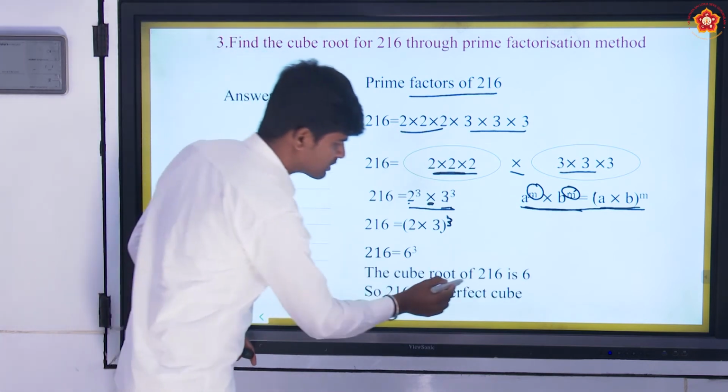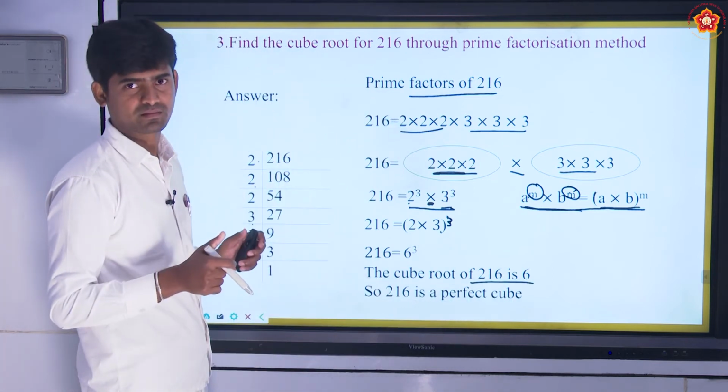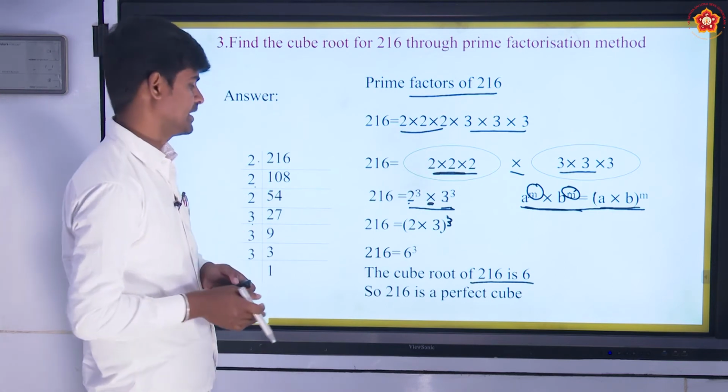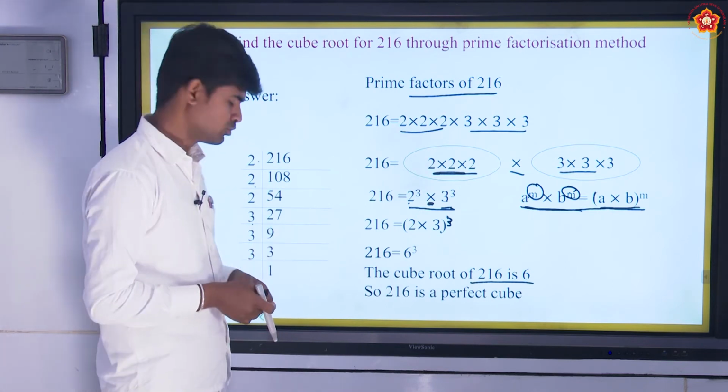So the cube root of 216 is 6. We can say that 216 is a perfect cube.